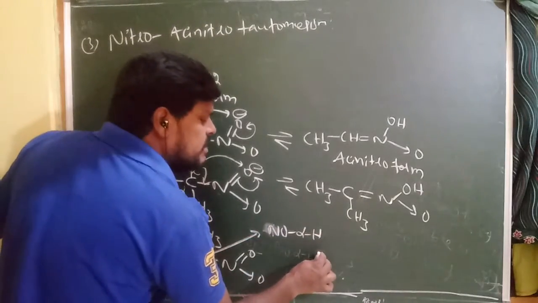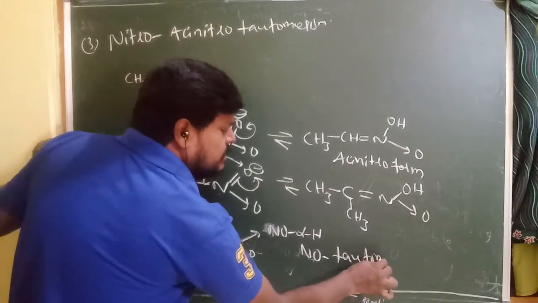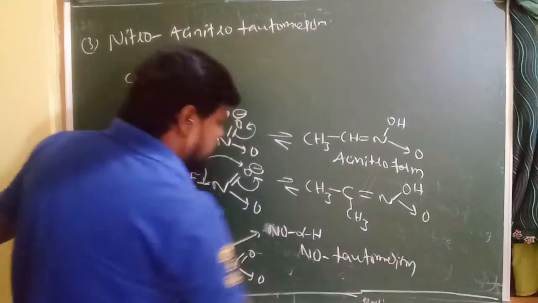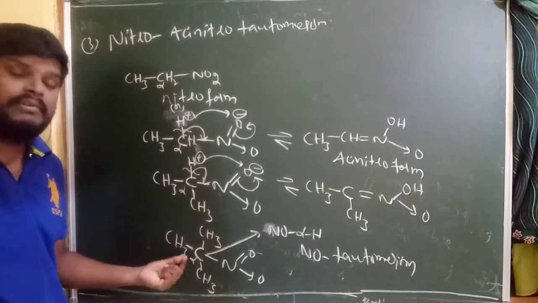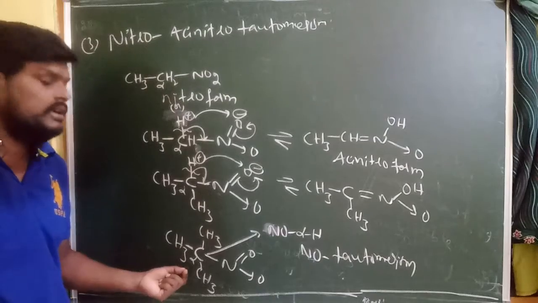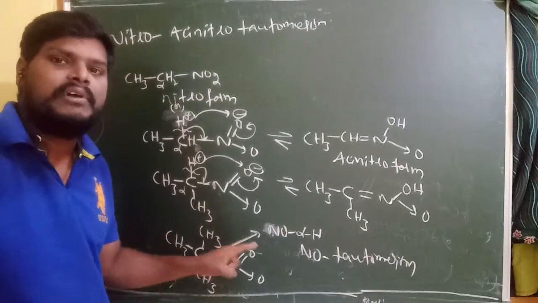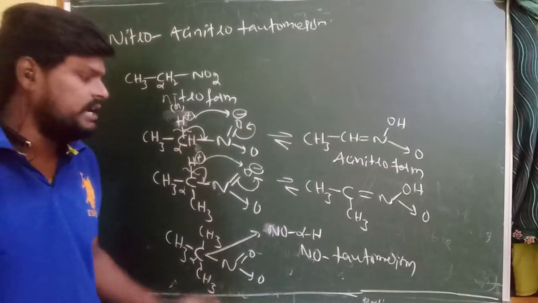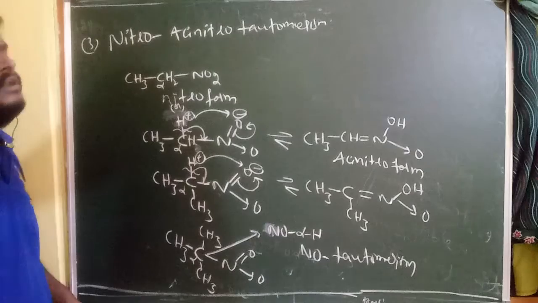So tautomerism is not possible here, because although it is a saturated sp3 alpha carbon, it does not have a single hydrogen. That's why it cannot be involved in the tautomerism concept. So these are examples of nitro to acinitro tautomerism.